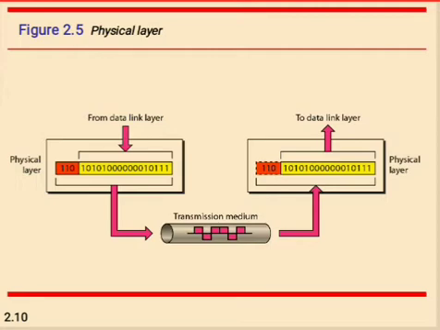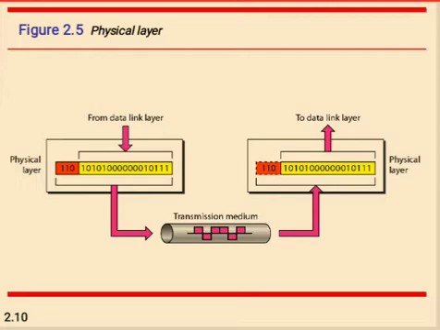So what does bit synchronization mean? Here in the diagram we can see how these binary numbers are sent from the sender to the receiver, through the transmission medium. Bit synchronization means the physical layer provides synchronization of the bits by providing a clock.